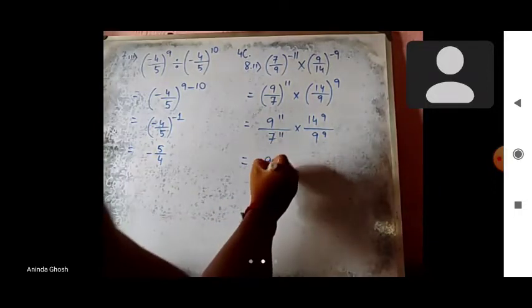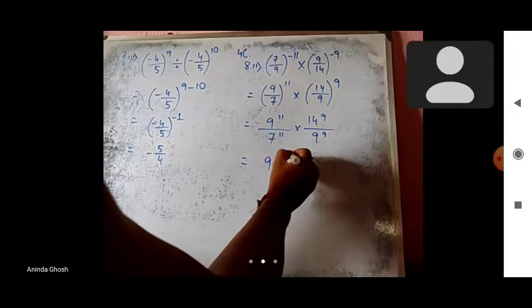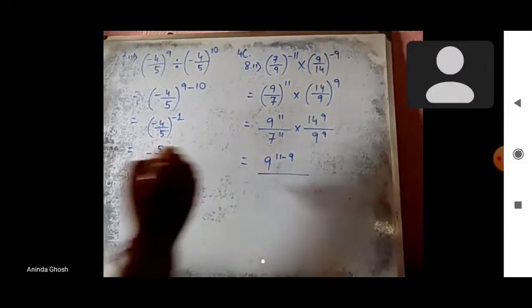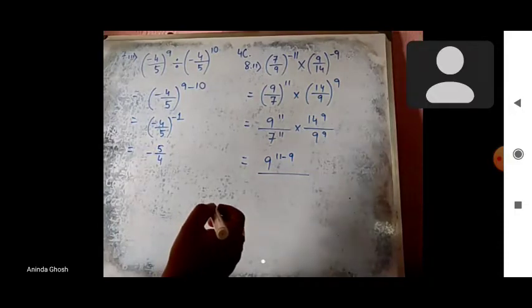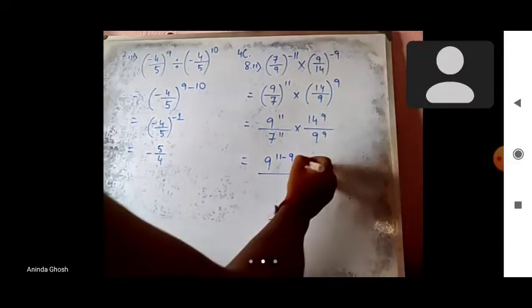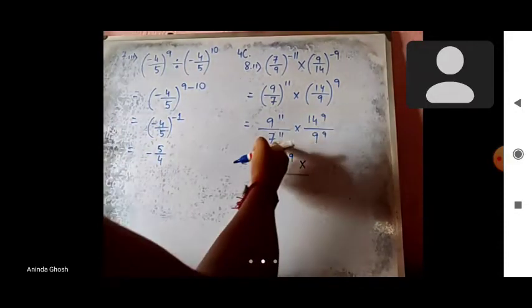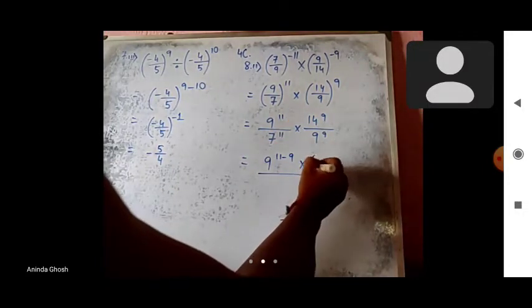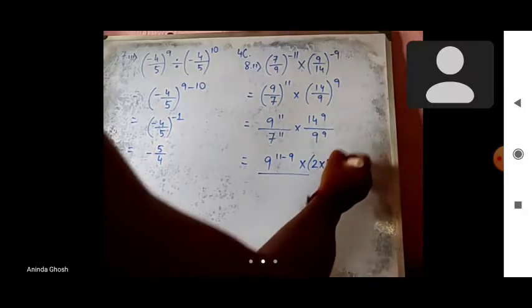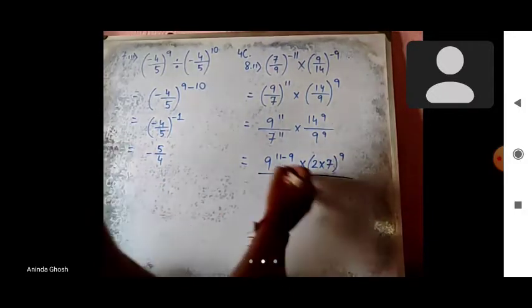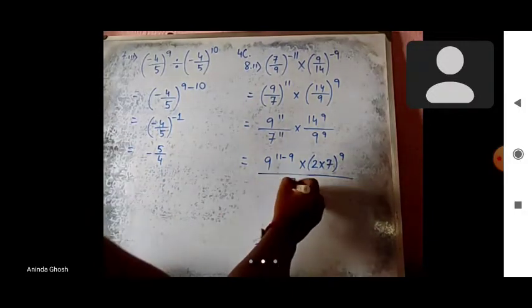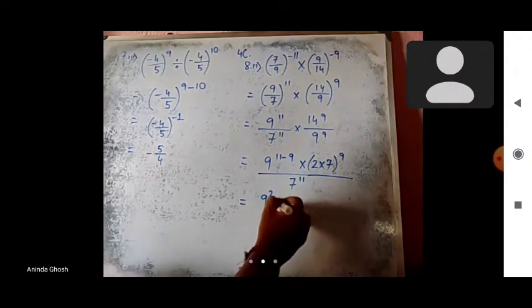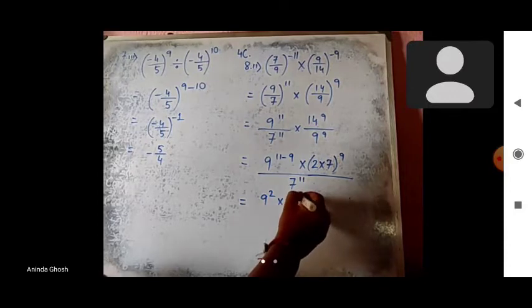9 and this 9 are in division form, so we have to subtract the powers. That's why I write 9 to the power 11 minus 9. 14 is a multiple of 7, so we break it because we have to cancel it from the denominator part. So 2 into 7 to the power 9 upon 7 to the power 11.